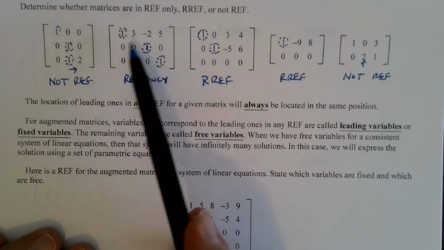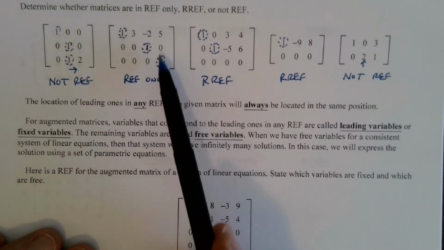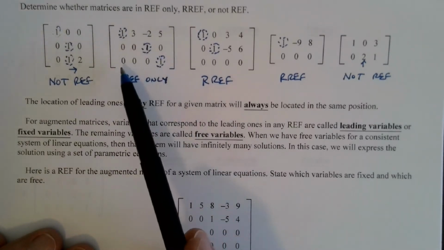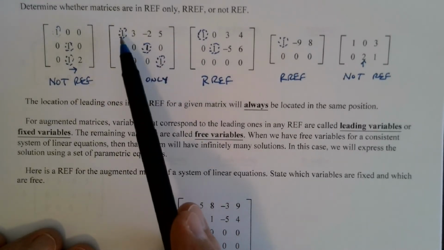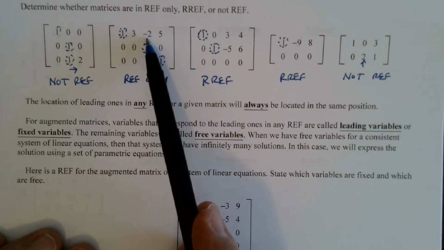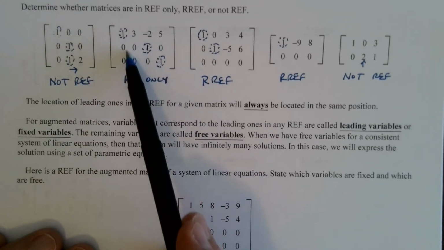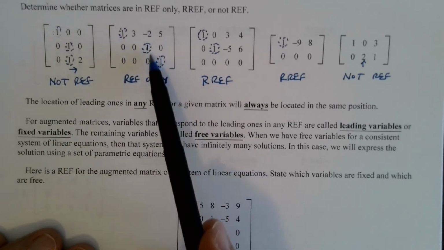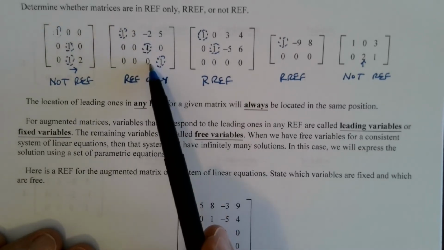We'd have 1, 2, 3 rows, so that would be 3 equations. I have 1, 2, 3, 4 columns. So I have 3 unknowns. Remember, this last column is the constants. So the first equation would be 1x plus 3y minus 2z equals 5. So this is the x variables, this is the y variables, this is the z variables, or x1 variables, x2 variables, x3 variables.